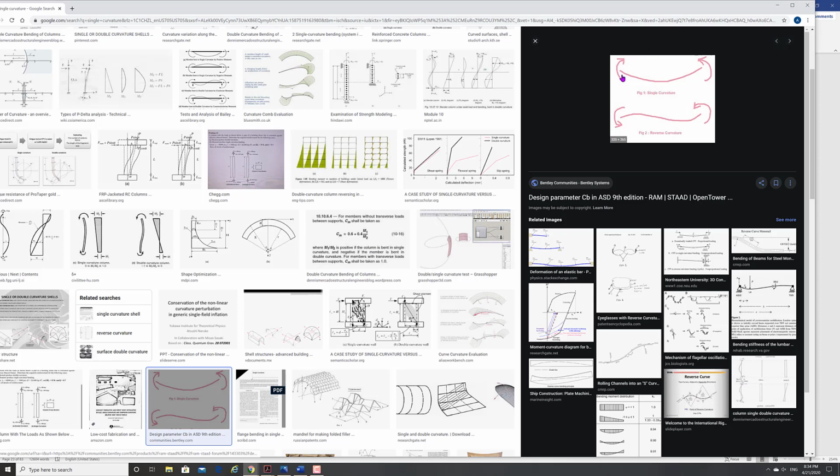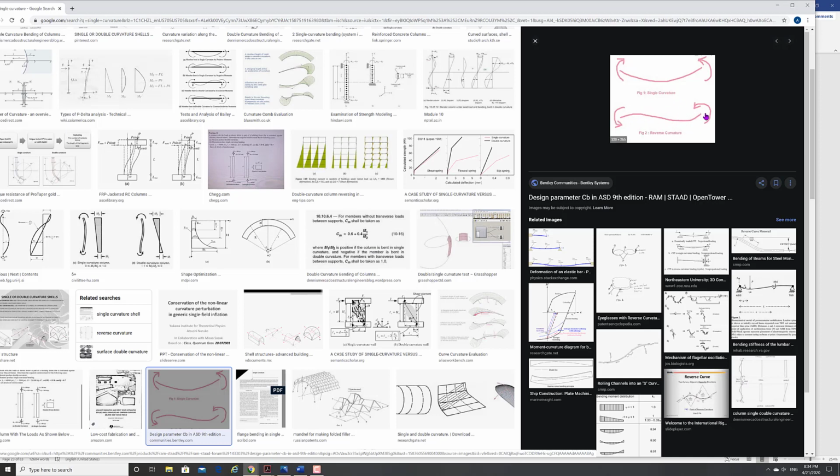Notice here, for a single curvature, the moments are opposite. Look at that. For double curvature, the moments go in the same direction at the ends. These are the moments at the ends of the columns, so think about these members being columns.